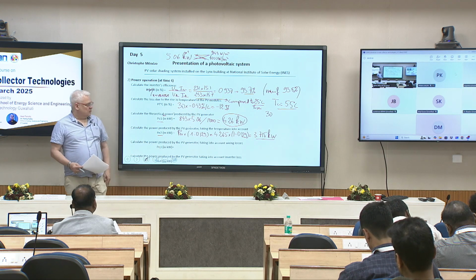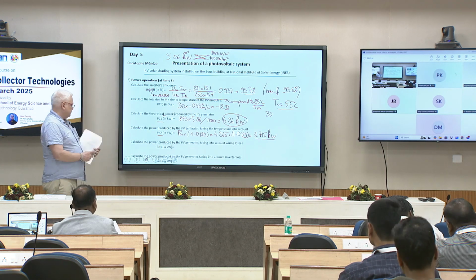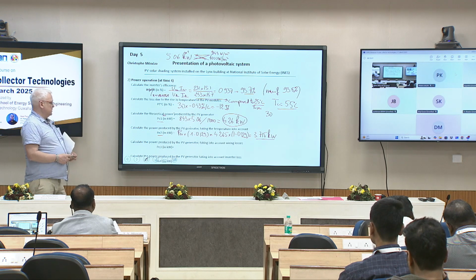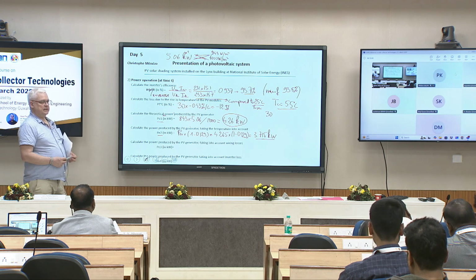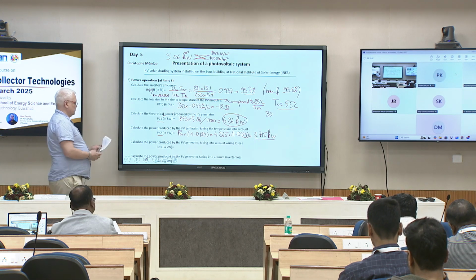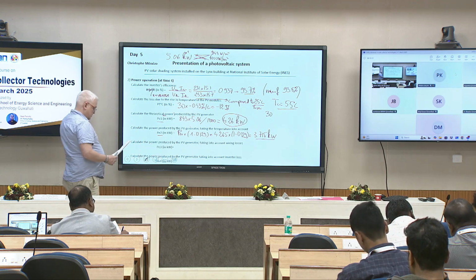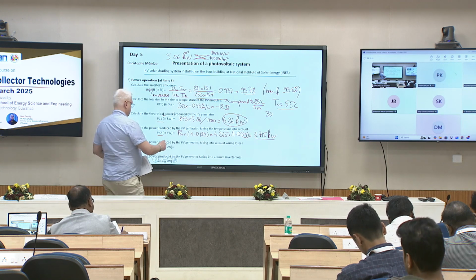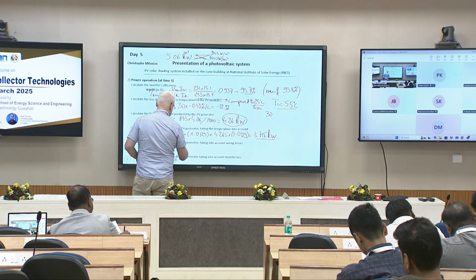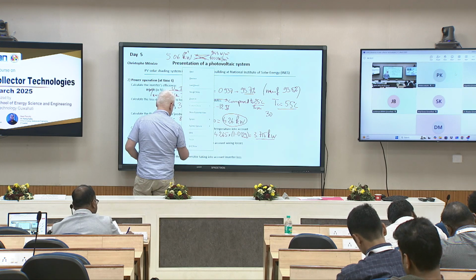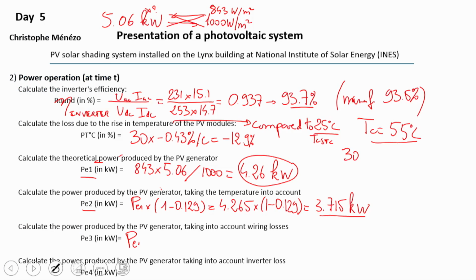Now I told that I want to consider that there is around 1% of loss due to cable. Okay. So, of course, it will decrease again to consider that. So it will be PE2 multiplied by 1, 0.